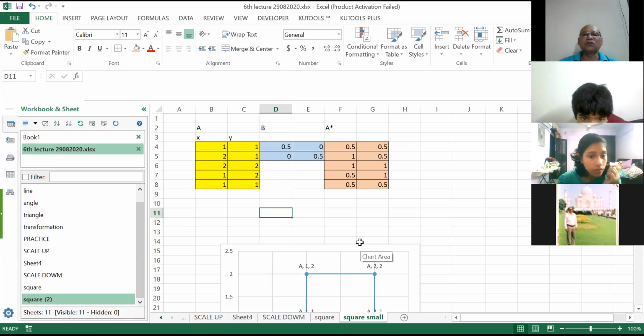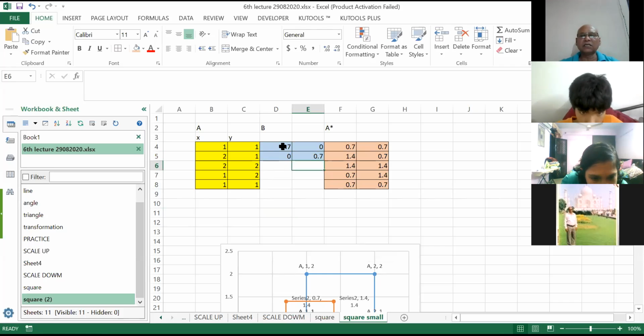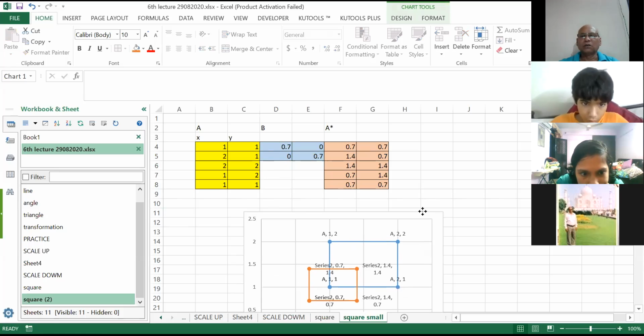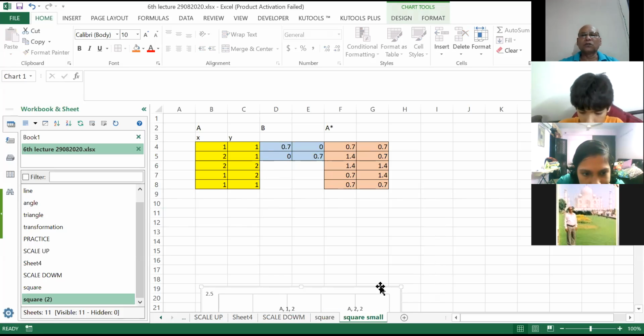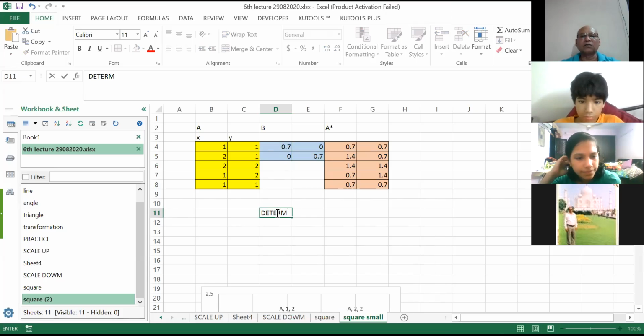In some numbers you have to use 0.7, 0.7 something, and then it can be half. So you have to select that. But here the determinant determines how much enlargement or shortening will be there.